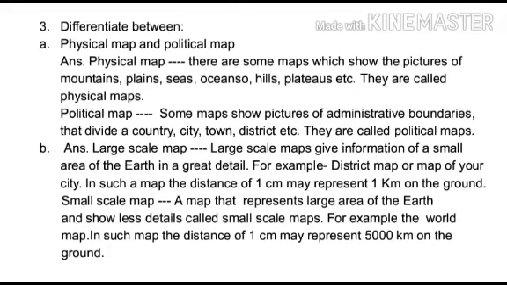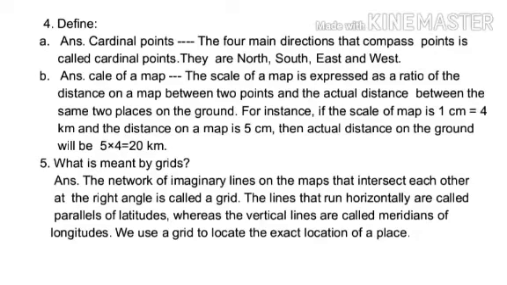Small scale map. A map that represents a large area of the earth and shows less detail is called a small scale map. For example, the world map. In such a map, the distance of 1 centimeter may represent 5,000 km on the ground.